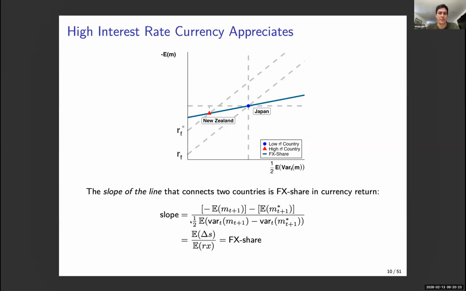The slope in this graph between New Zealand and Japan is exactly the share of the returns on the carry trade that is coming from a predicted movement of the exchange rate. So the slope is the vertical distance divided by the horizontal distance. Does that make sense?